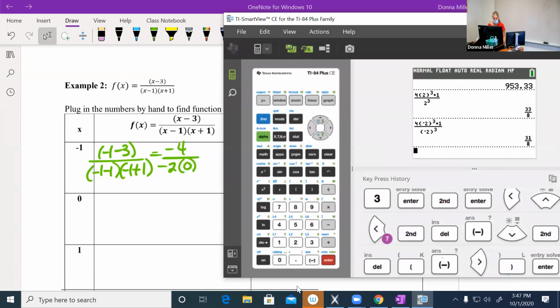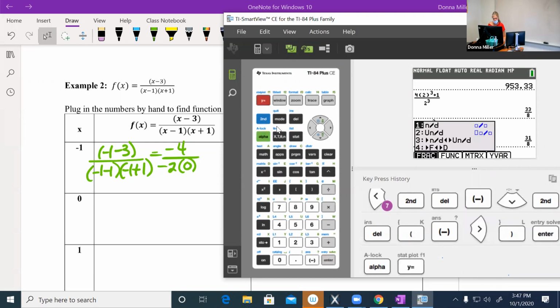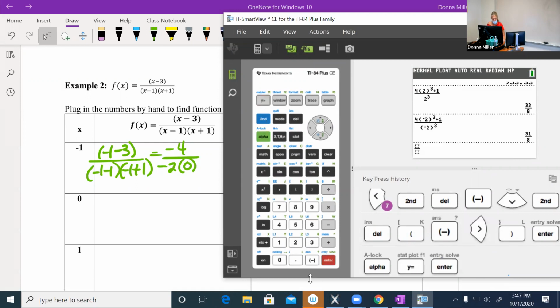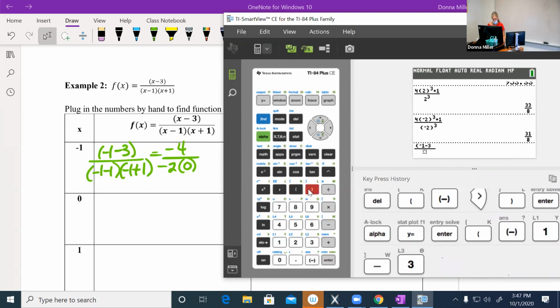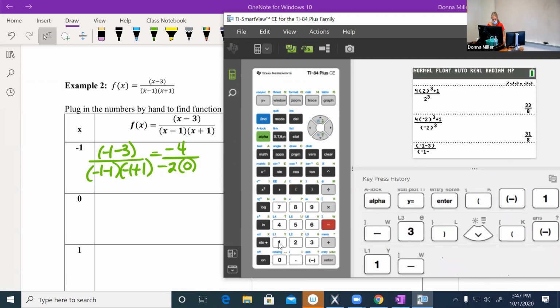Let's go to my home screen. I'm going to do all this in the whole thing. All right, so -1 minus 3, -1 minus 1, -1 plus 1.